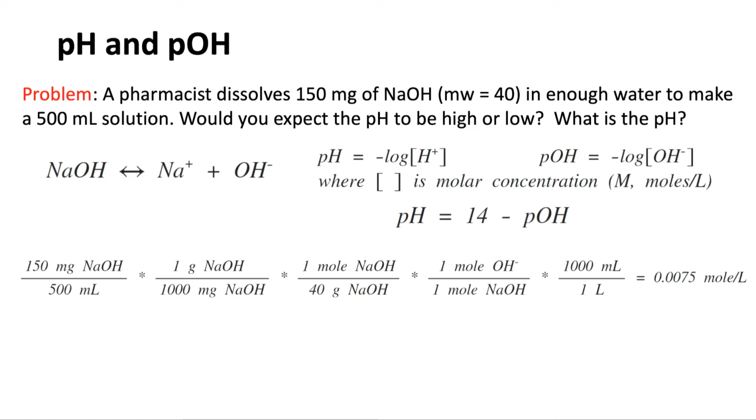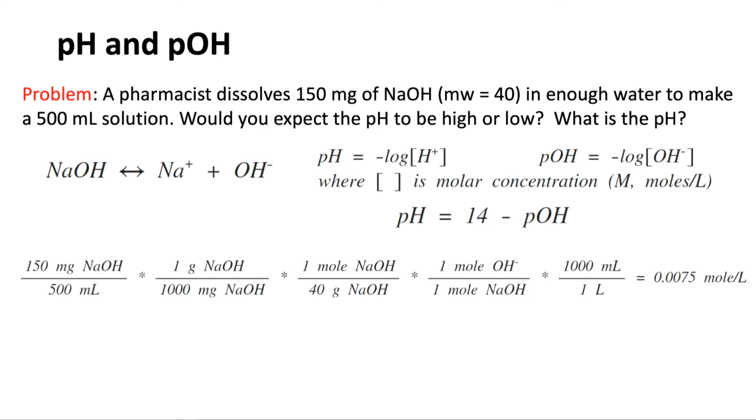Now, this is where it gets a little bit tricky. Remember, look at our chemical formula. What we said is that every 1 molecule of sodium hydroxide will dissociate and produce 1 mole of sodium and 1 mole of hydroxide. So my next step is to convert from the number of molecules of the parent molecule, sodium hydroxide, into just the number of hydroxide molecules.